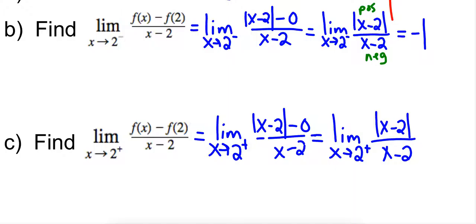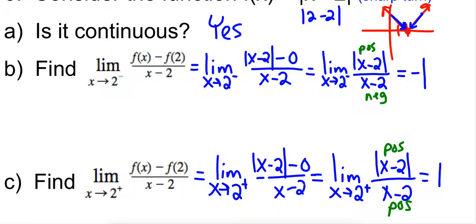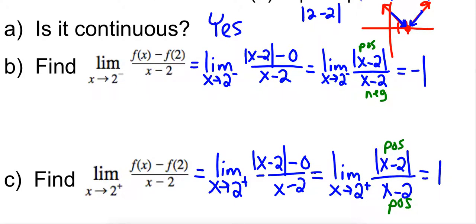Now we're approaching 2 from the right, so something like 2.001. So we plug in 2.001, we subtract 2, we take the absolute value of it, we get a positive number. On the bottom, we take 2.001, subtract 2, we get the same number, and it's positive. So since we have the same number on top and bottom, and they're both positive, this is going to be 1. So back on our graph, the slope, as we're approaching 2 from the right, is 1.